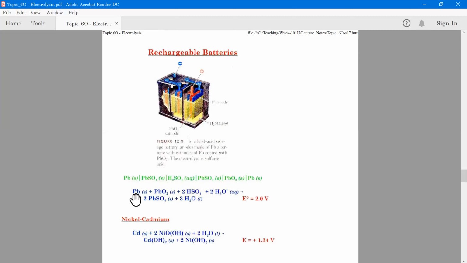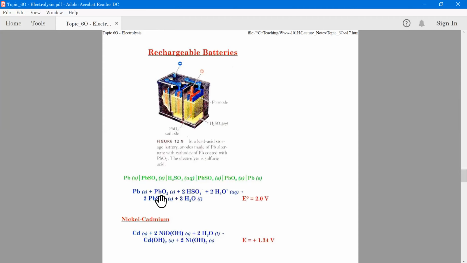And so the lead dioxide is essentially coated on the lead electrode. What happens during discharge is lead metal gets oxidized to lead 2, which now becomes lead sulfate, which is also a kind of whitish material.